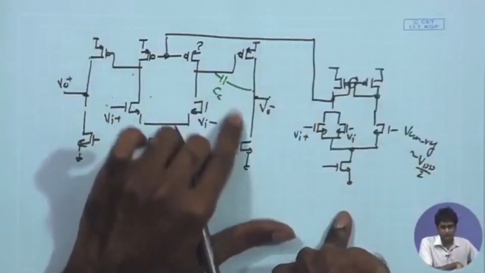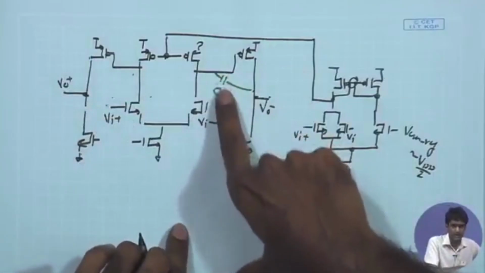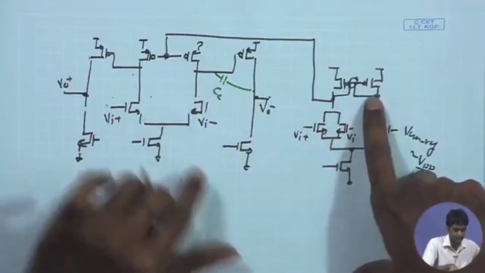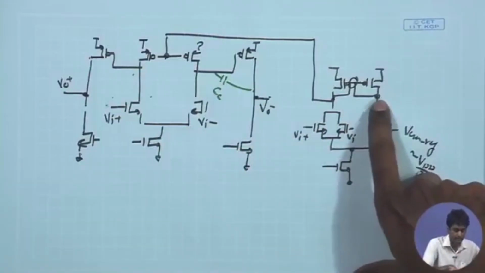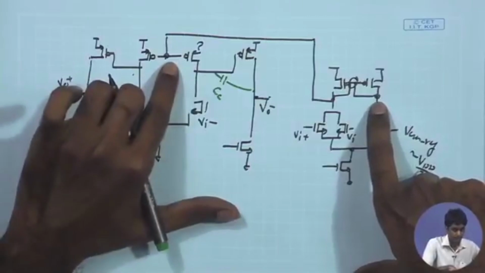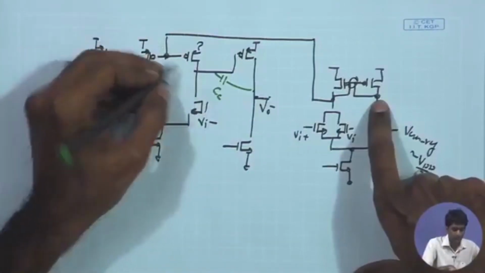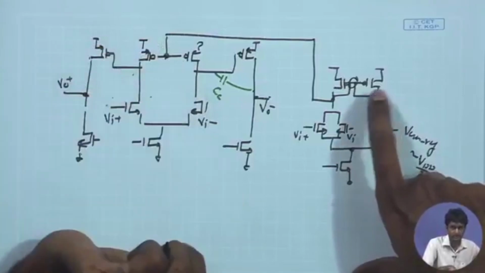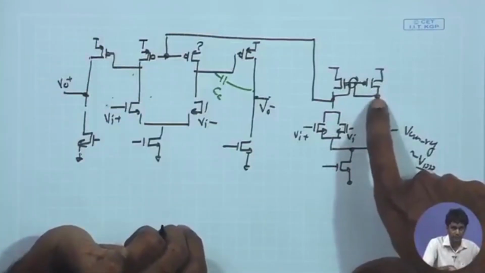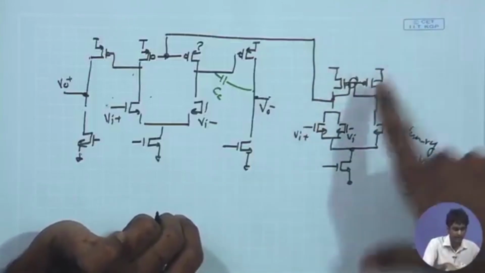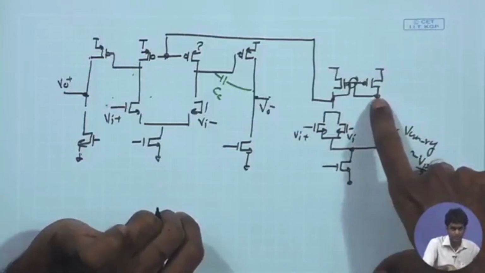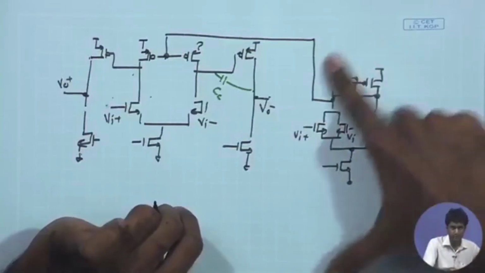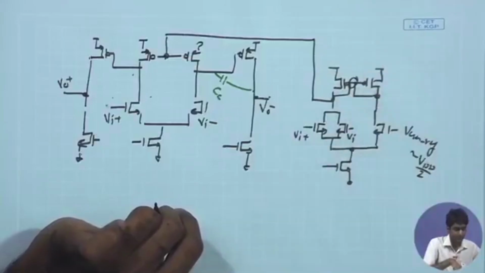As a result, you can get a sufficiently large Miller multiplied capacitor over here, whereas this node we have converted into a low impedance node, and as a result if you put a capacitor over here, it is not going to give you any significant advantage, because the impedance at this node is low, and therefore the pole over here will be at relatively higher frequency. It will be difficult or infeasible to make this the dominant pole if we choose to put a direct connected load for both the transistors over here.